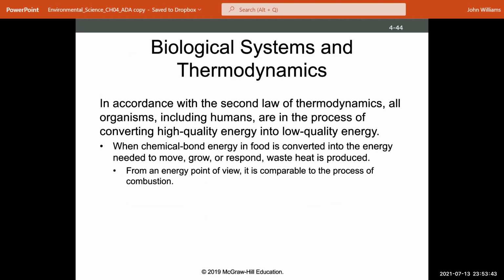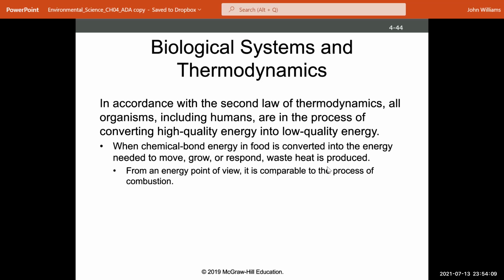And so in biological systems, right, we see this second law of thermodynamics. All organisms, including us, are converting high quality energy into low quality energy. We have that high quality energy in the form of chemical bonds in our food. When we convert it into ATP and use that ATP, we make heat.